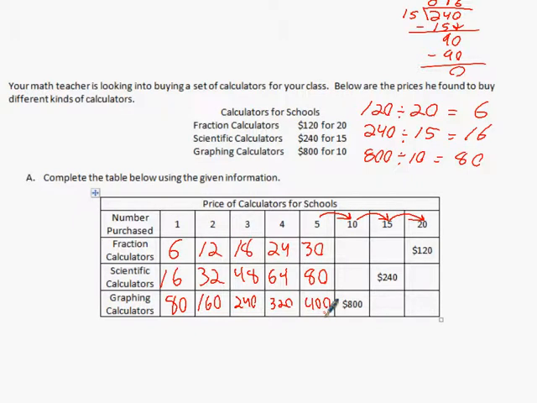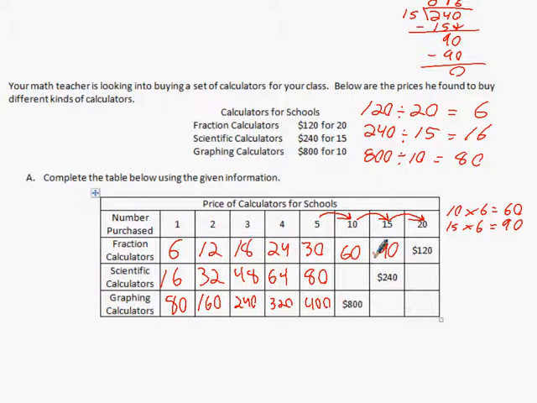Now we have to fill in those gaps. So we have 1, 2, 3, 4, 5, 6 gaps to fill in. So we have 6 multiplications to do. Let's do fraction calculators first. First one up is 10 times 6, which is just 60. And then 15 times 6, which is a little bit different. 15 times 6 is 90.